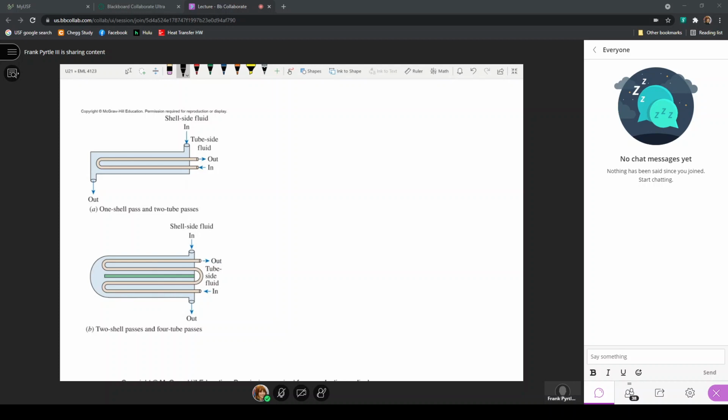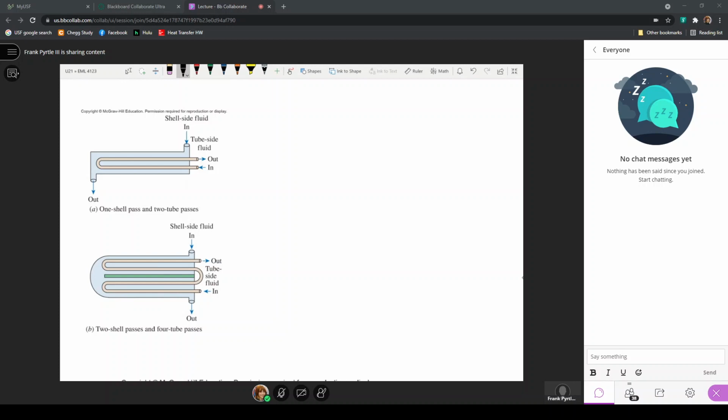The thing to consider about the tube passes is that these typically are in multiples of 2, in that the tube arrangement will be such that the fluid comes into and leaves at the same end of the shell.